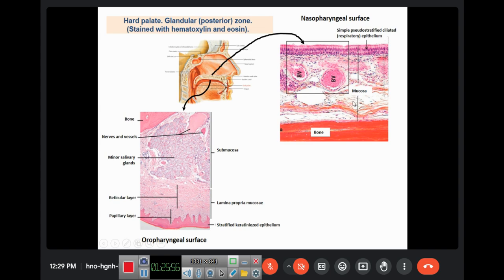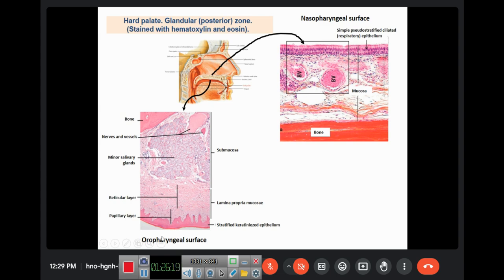And mucosa is firmly attached to the bone. If we look now at the oropharyngeal surface, also we have here the part of the bone, and this surface has mucosa and submucosa, unlike nasopharyngeal surface where we have only mucosa, no submucosa.